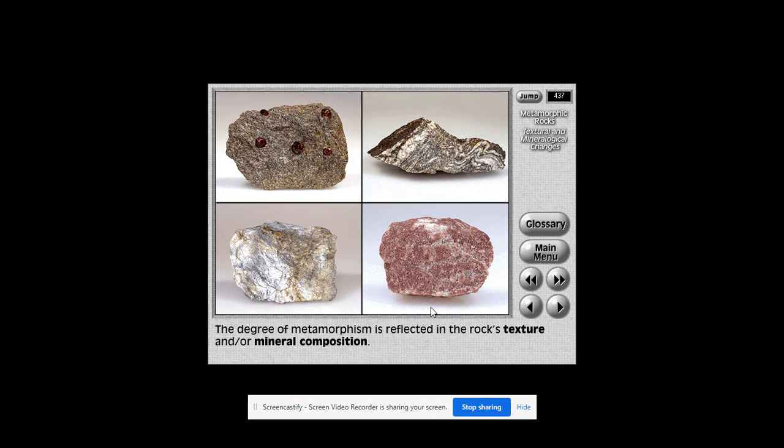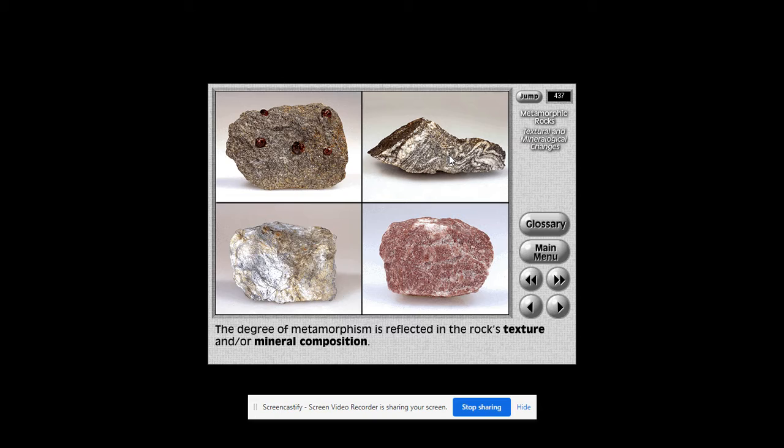And here's the texture of metamorphic rocks. Well, I can tell you what these are. This is a schist with garnet crystals embedded in it. Those garnets can only form at very, very great depths. A lot of pressure, high heat, garnets will only form in those locations. This is a gneiss.